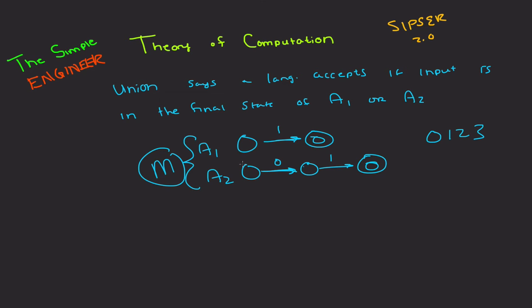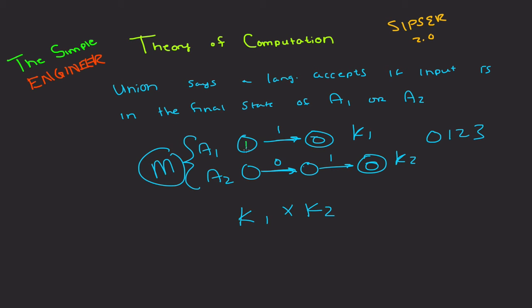To get the pairs, you need to take all the states from A1, call it K1, and all the states from A2, we'll call it K2, and you need to cross product them. So K1 cross K2 will get you all the possible combinations of states between the two DFAs.